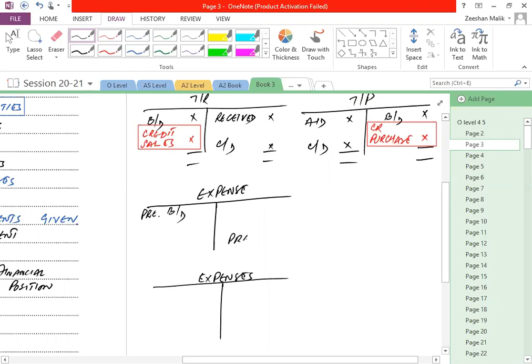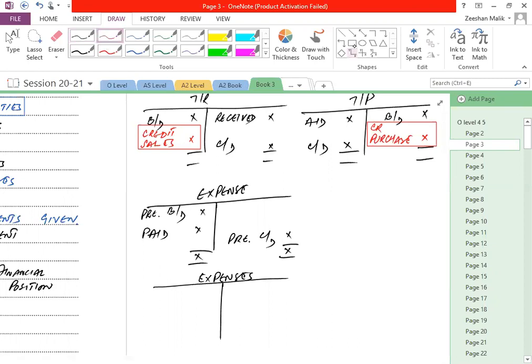Prepaid carried down on the opposite side. And generally you pay for expenses, right? Throughout the year you will have made payments of expenses. Here you go, the amount transferred to income statement. All expenses are transferred to income statement.